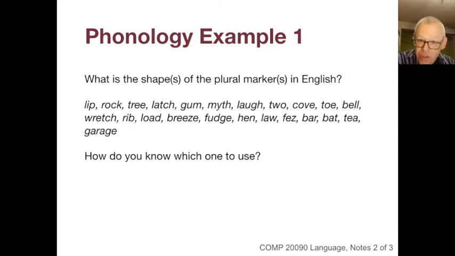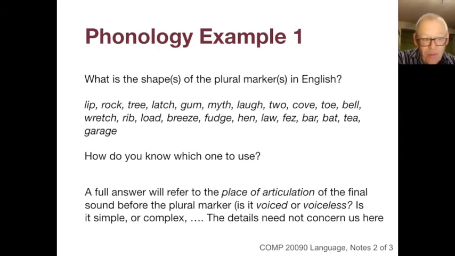Now, how do you know which one to use? That's the kind of game you would play then in your phonology class. You would look at the sounds and you would try to figure out, is there some kind of factor which determines which one to use? There is, of course.